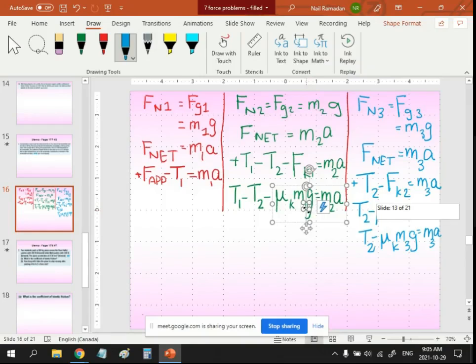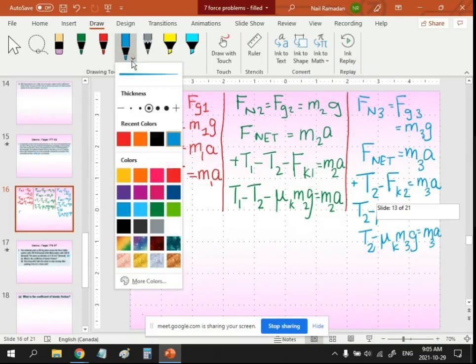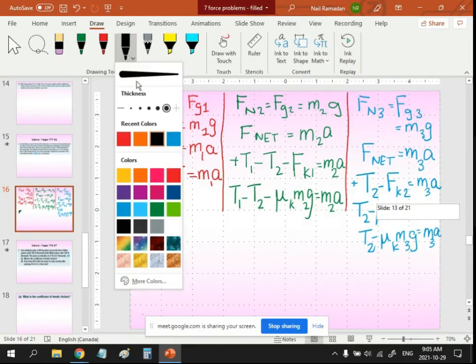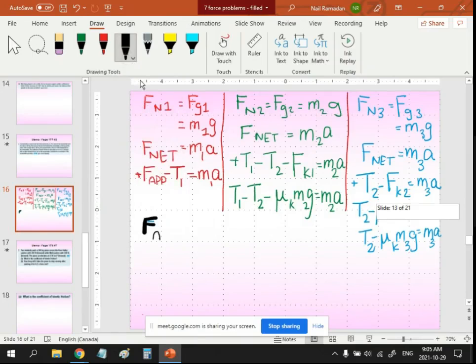So what am I going to do now? I'm going to write this equation. Let's do it in a neutral color, so black. F applied minus what? Equals. What's going to be under it? Plus T1.